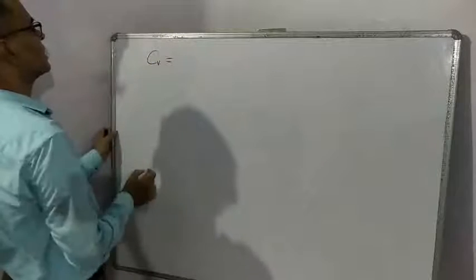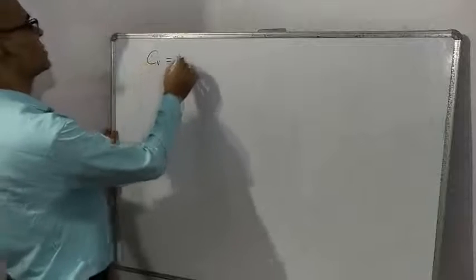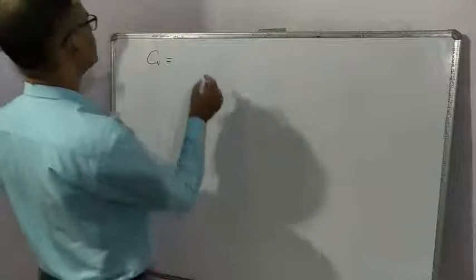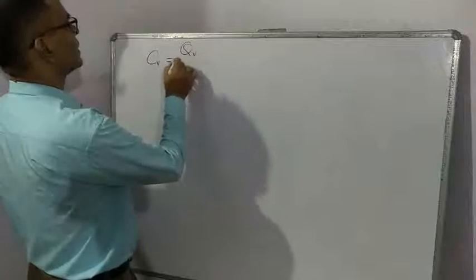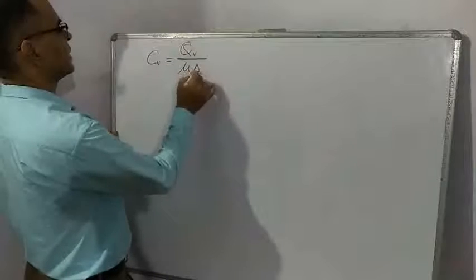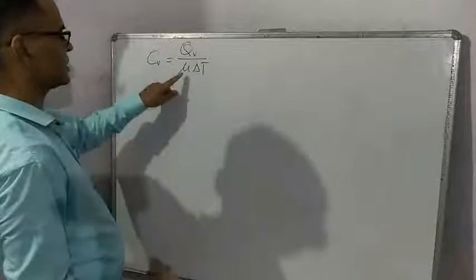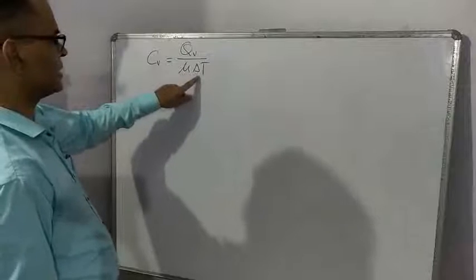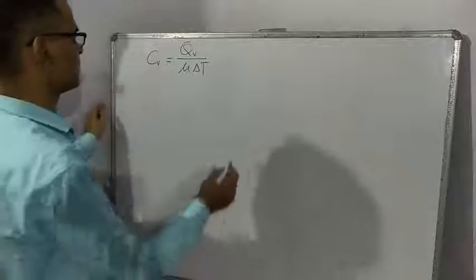Molar specific heat at constant volume, Cv, is equal to heat supplied at constant volume upon mu delta T. Mu is the number of moles, delta T is the change in temperature.